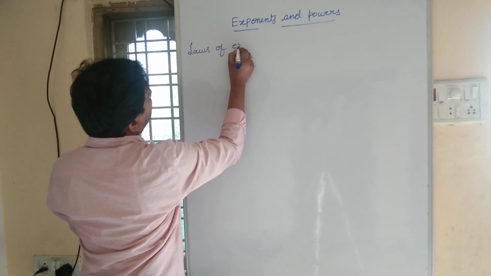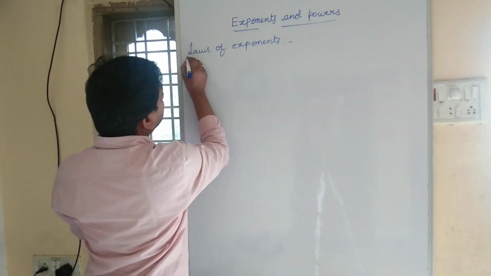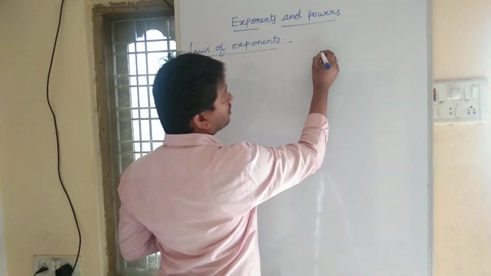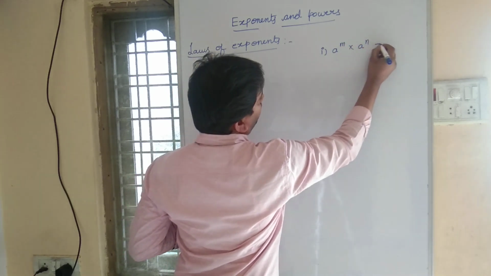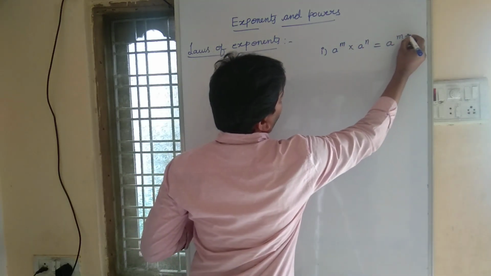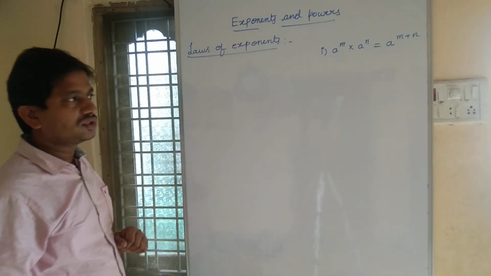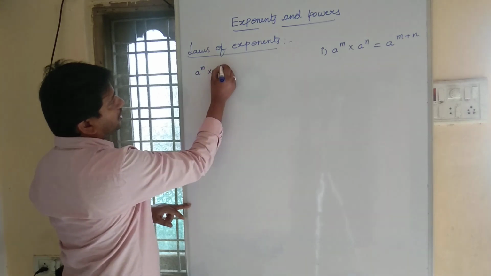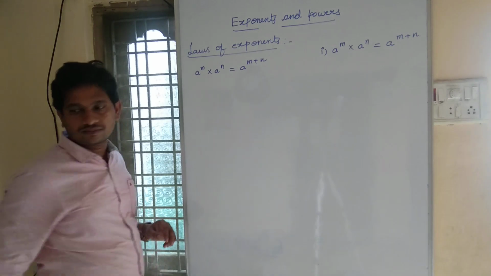Laws of exponents. The first law of exponents is a power m into a power n is equal to a power m plus n. Children, what is the first law? a power m into a power n is equal to a power m plus n.